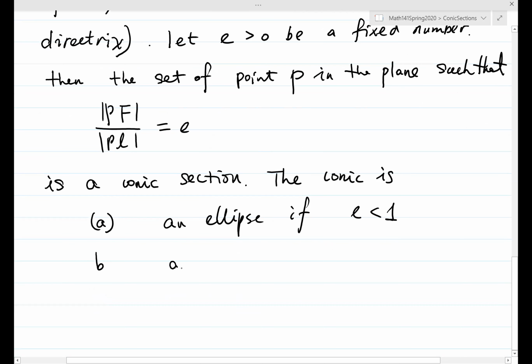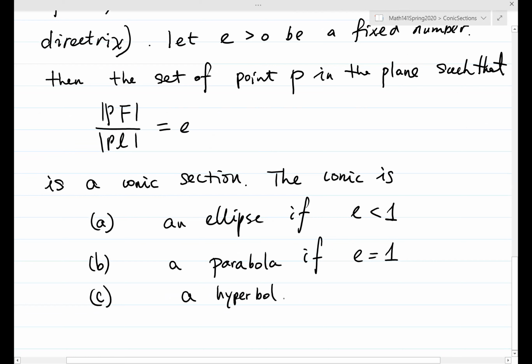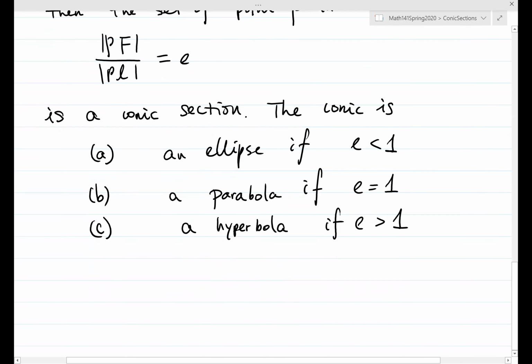B, a parabola if E equals 1. And C, a hyperbola if E is greater than 1.